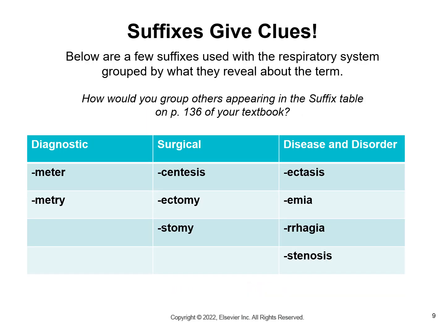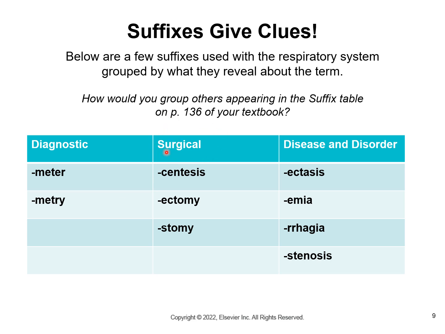Now remember, when we're looking at individual medical terms and we're trying to figure out what they mean, we start with the suffix. So the suffix is going to tell you what kind of word we are talking about. So diagnostic suffixes include meter, which is an instrument used to measure something, and metry, which is the act of measuring.